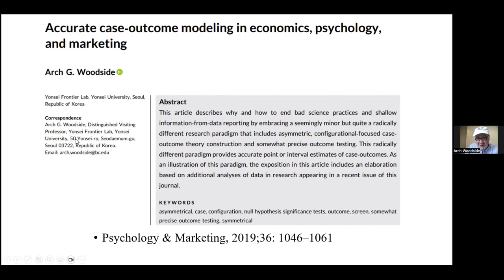The paper describes why and how to end bad science practices and shallow information from data reporting by embracing a seemingly minor but quite radical, different research paradigm, which is asymmetric configurational testing, because it matches the complexity that's inherent in your data. And if you use VDR, variable directional relationships, such as correlations and regression analysis, also use case-based modeling.